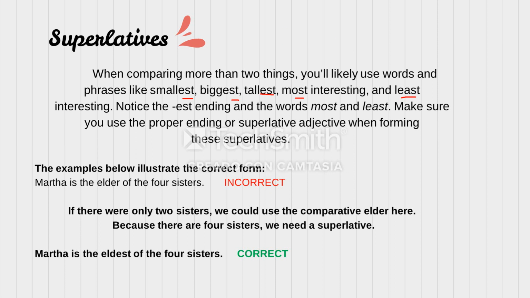Examples below illustrate the correct form. The incorrect form is Martha is the elder of the 4 sisters. If there were only 2 sisters, we could use the comparative elder here. Because there are 4 sisters, we need a superlative. So the correct form is Martha is the eldest of the 4 sisters.